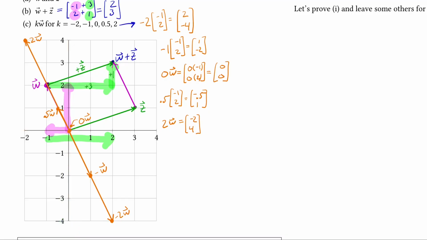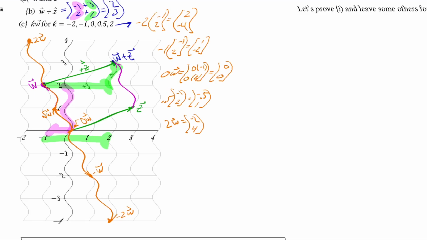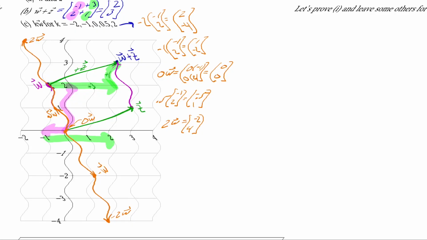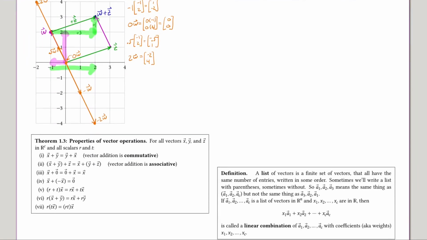It's just that now we have a w number line that's scaled differently and in this different direction. So that's another way you can think of a vector, is that a vector is a thing that describes an alternative number line.